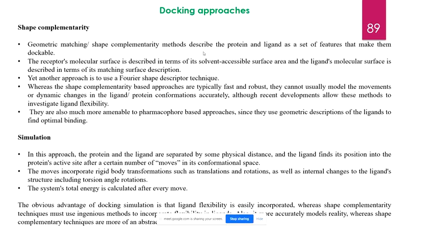Apart from it, there is another approach, which is to describe the hydrophobic feature of the protein using turns in the main chain atoms. And there is also another technique, the Fourier shape descriptor technique. Okay, now this shape complementary method, how is it different from the induced fit method?